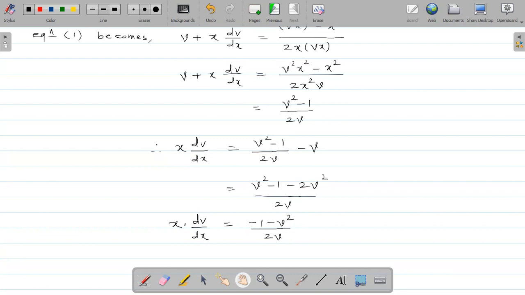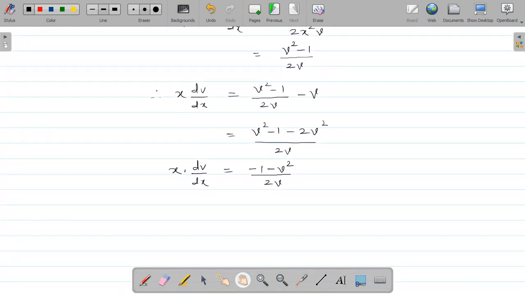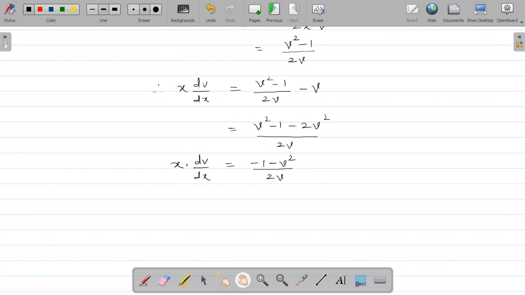Okay, and then we have to use the variable separable method here. So I will transfer this dx to the right hand side, so it becomes x into dv is equal to, here I will take minus common and in bracket (1 plus v square) upon 2v into dx.